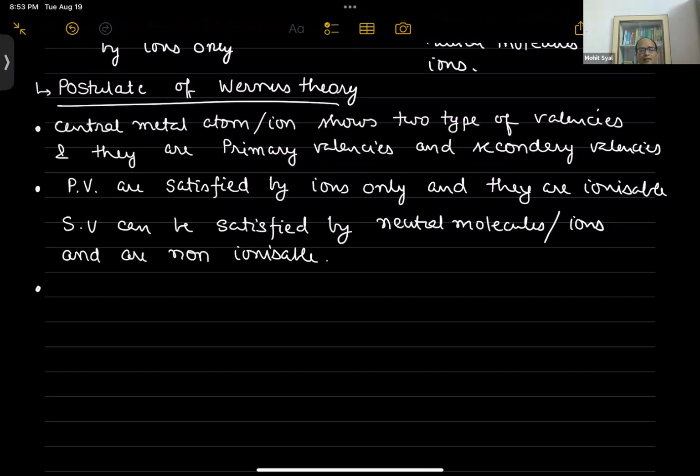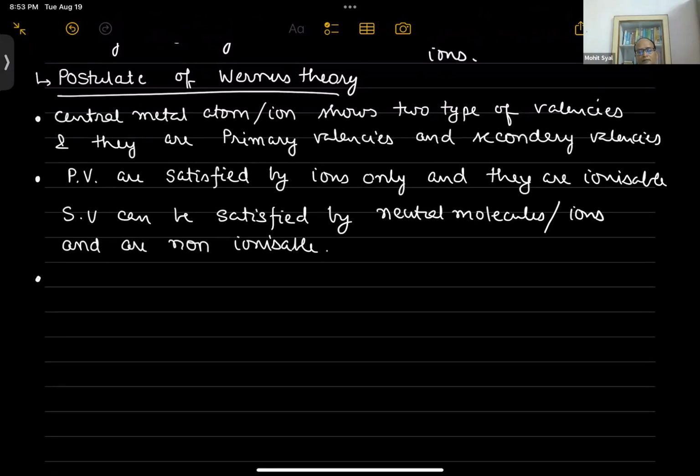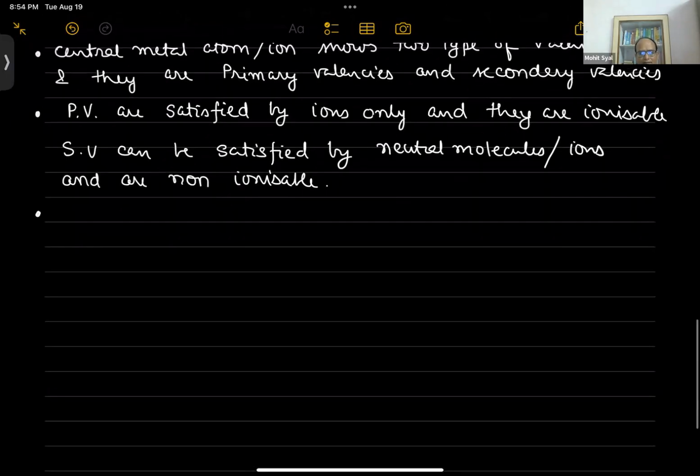And next point is, can you tell anything about the arrangement of these primary valencies and the secondary valencies? The arrangement around the central ion, the metal atom or ion.